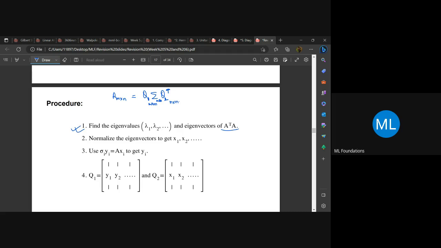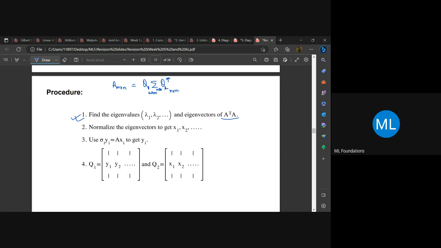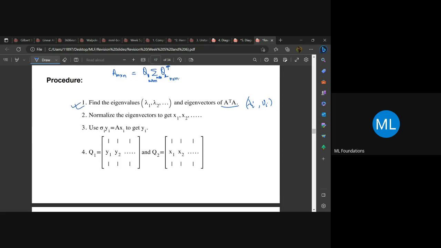So first you have A given to you. You find A transpose A, and find the eigenvalues and the eigenvectors. Find lambdas, find vi. Now take these eigenpairs and use the vi's to find your matrix Q2.